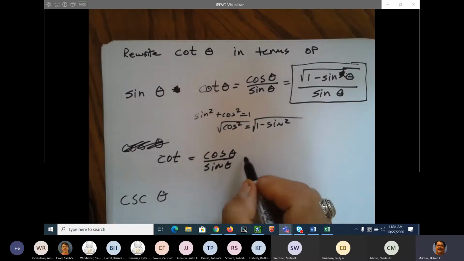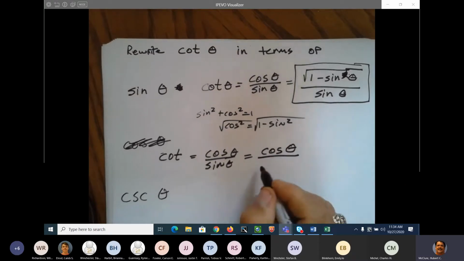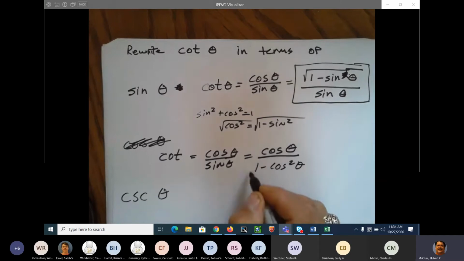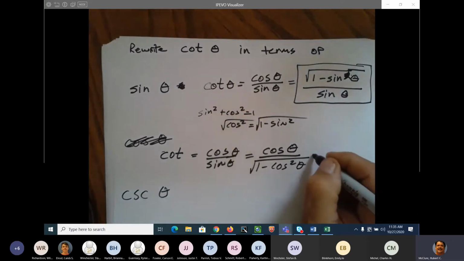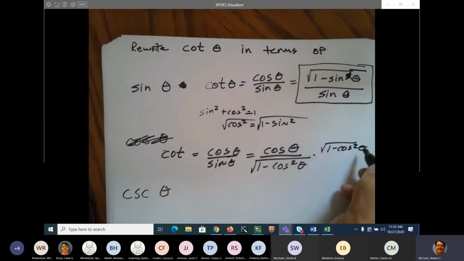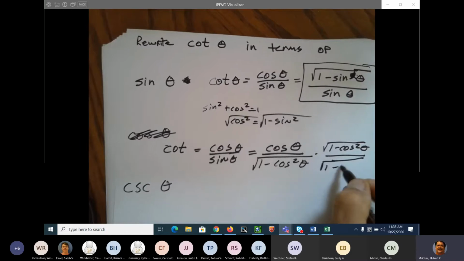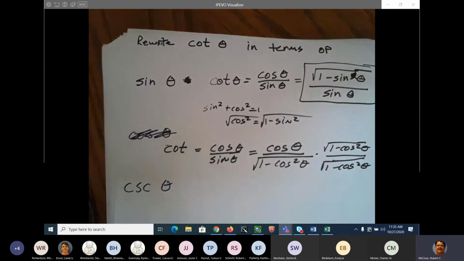And that's going to be cosine theta over the square root of 1 minus cosine squared theta. Now multiply by not the conjugate, but the square root of 1 minus cosine squared theta over the square root of 1 minus cosine squared theta. I'm getting rid of the radical in the denominator.